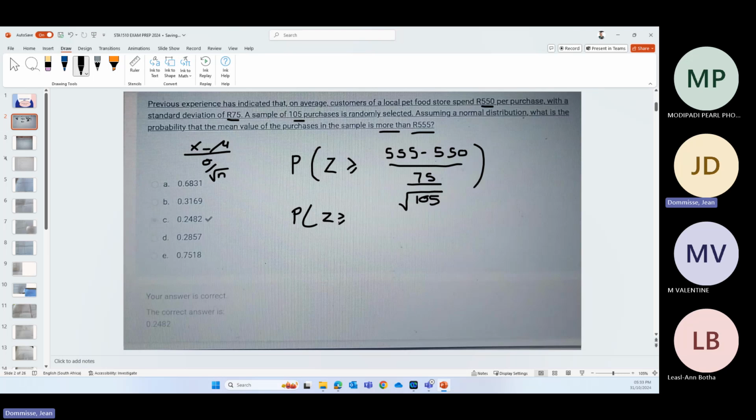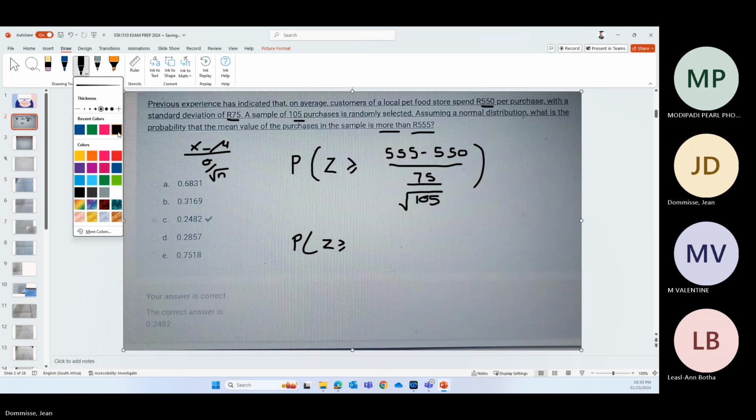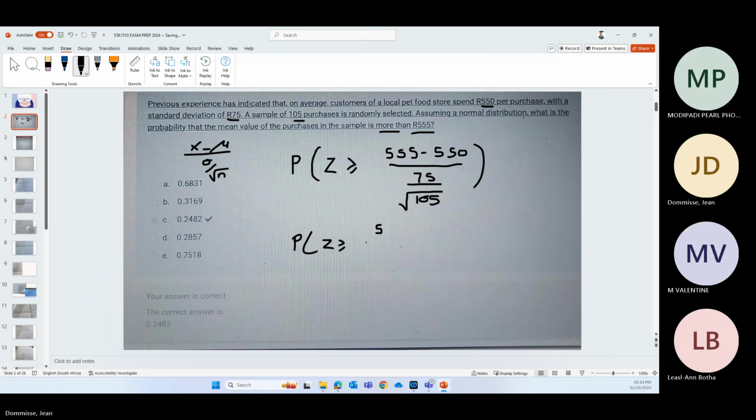Okay, where's my calculator? So 555 minus 550. At the top, we've got 5. Then 75 divided by the square root of 105.